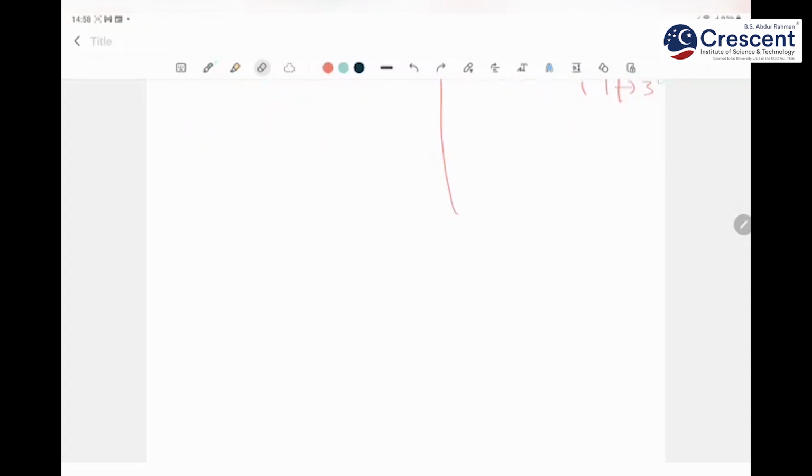Step 1: steps for reducing a Boolean expression using K-map.